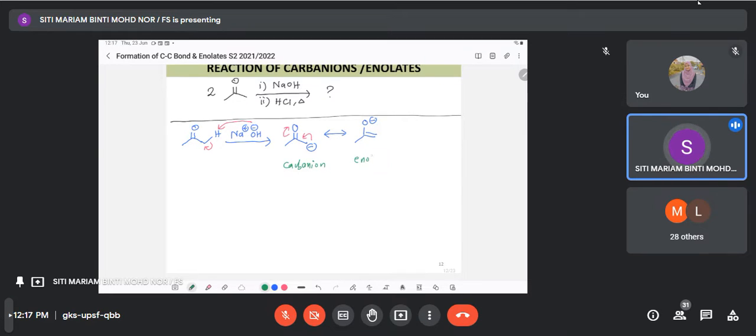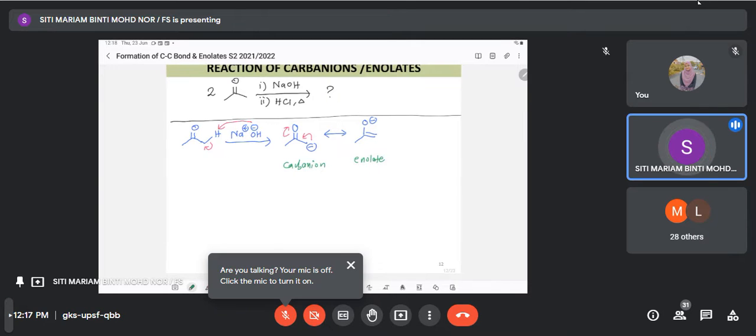So this one is enolate. For all the mechanisms under this topic, you must show these two things: the formation of the carbanion, and then the enolate resonance of your carbanion. That one is compulsory.